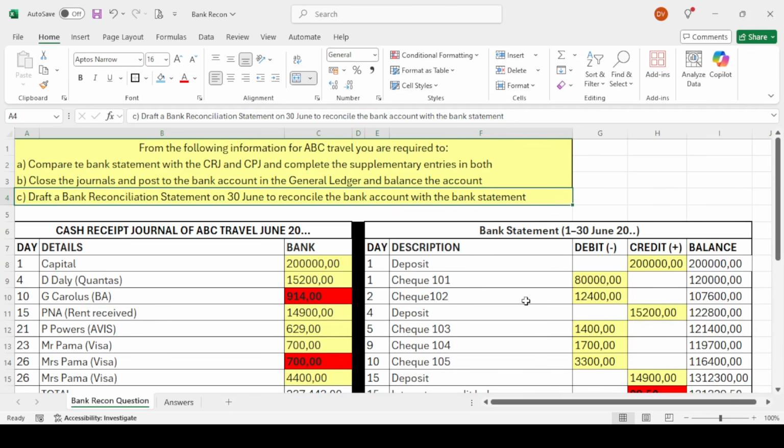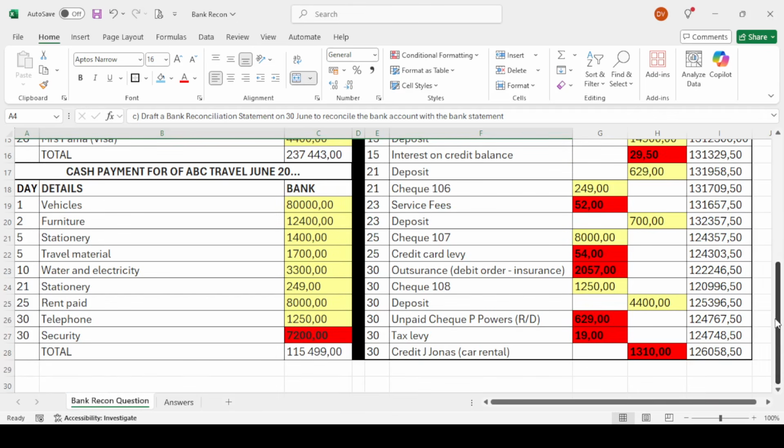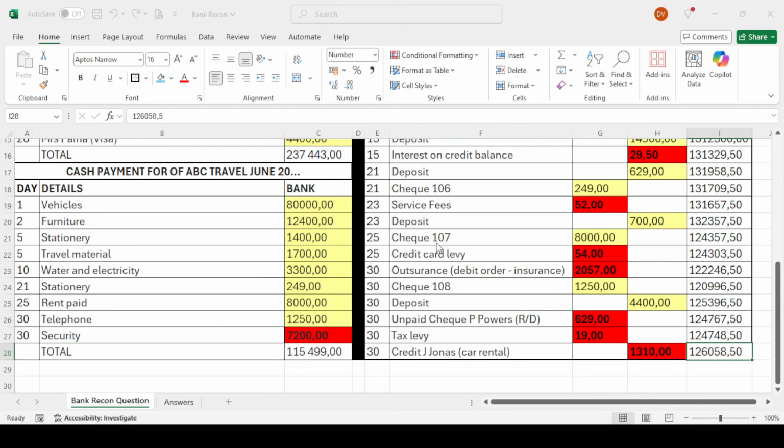The first and most important thing is that you will always start your bank reconciliation with the balance of the bank statement. So I'm going to make it a bright pink. This is your first entry on your bank reconciliation statement. Let me show you.